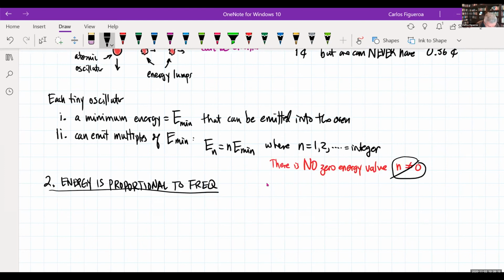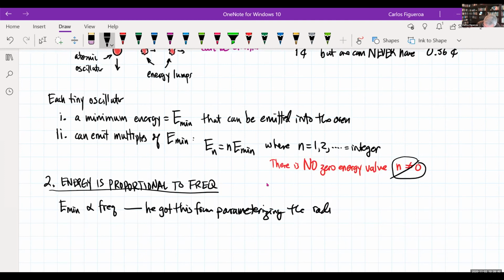What he says is that E-min is proportional to frequency, and he got this from parameterizing the radiation curve. It fell out of the radiation curve.